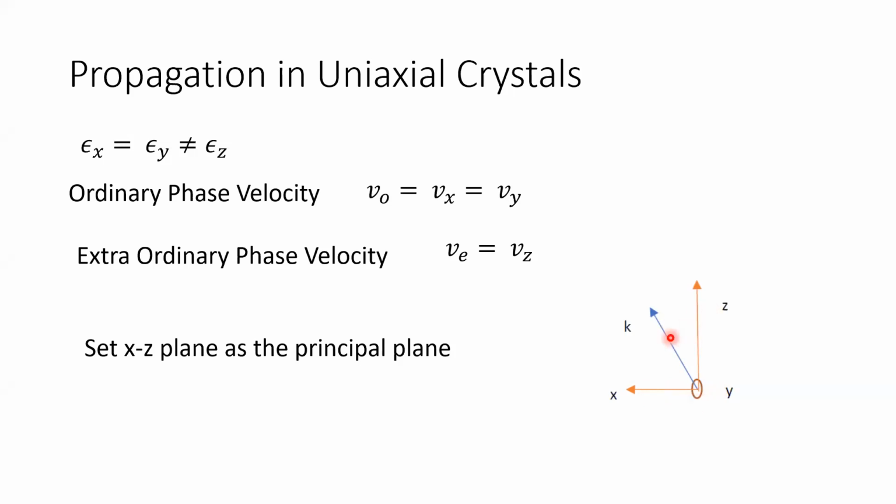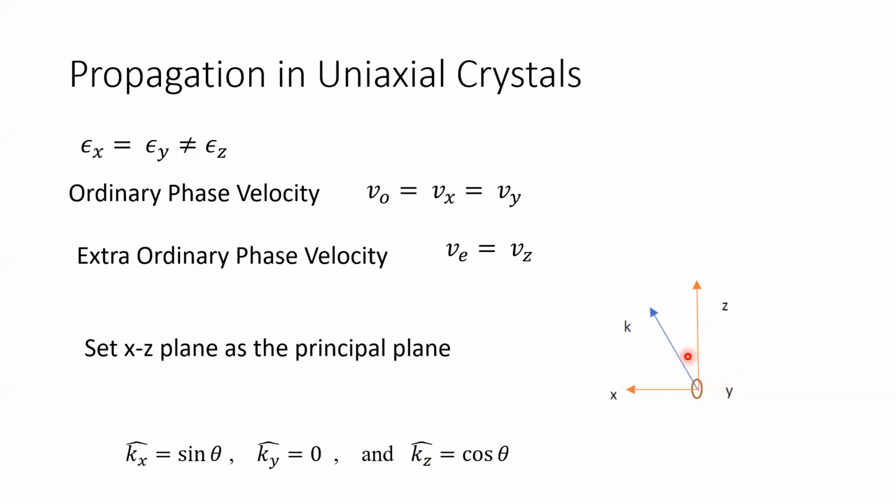So k is contained in the plane containing the x and z axes, or we can say x is contained in the plane containing z and vector k. Keep this diagram in mind. If the angle between z and k is some theta, then remember these were the components of the propagation vector along the x, y and z axes. The component of this unit vector k along z would be cosine theta.